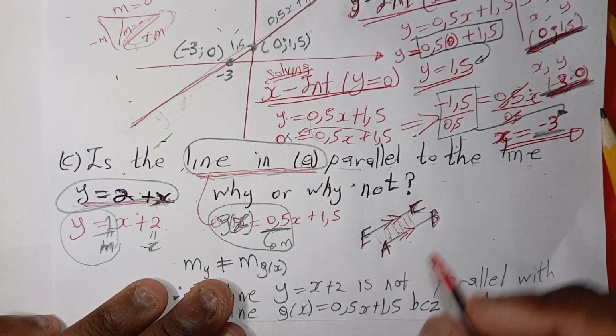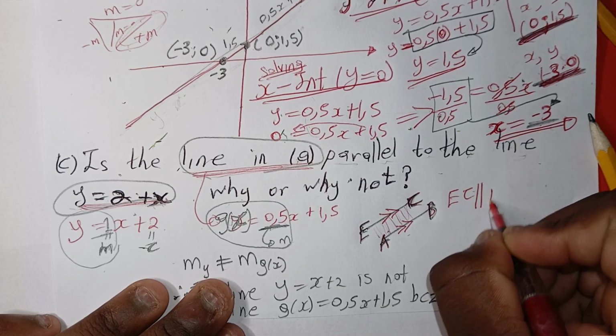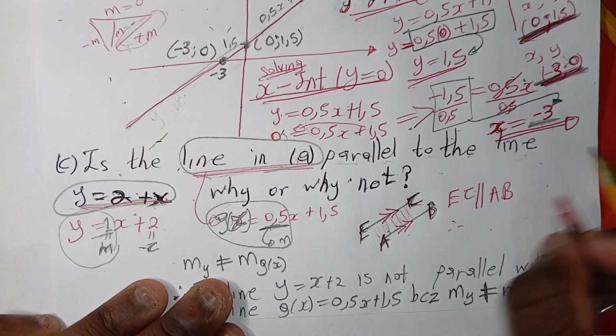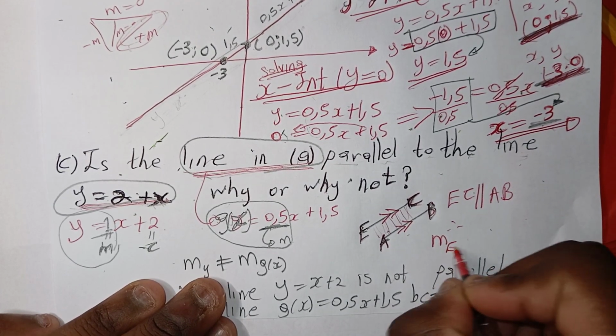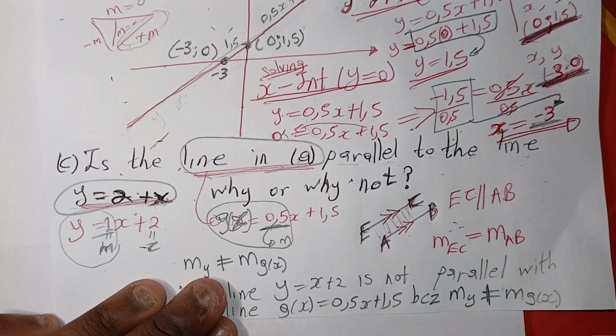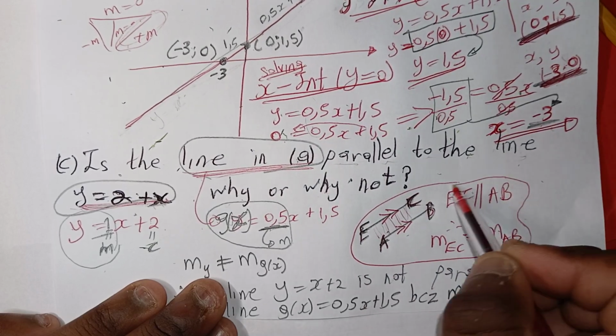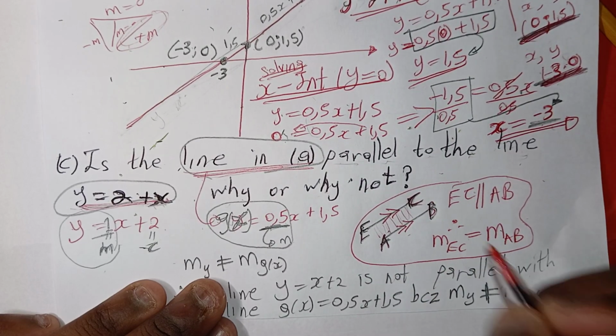Do you see? So since EC is parallel to AB, therefore the gradient of EC will be equal to the gradient of AB. So this is what we're supposed to know in this question.